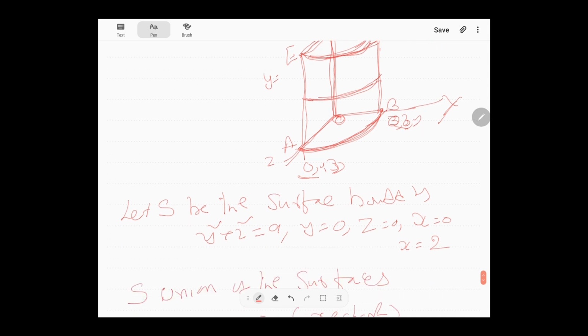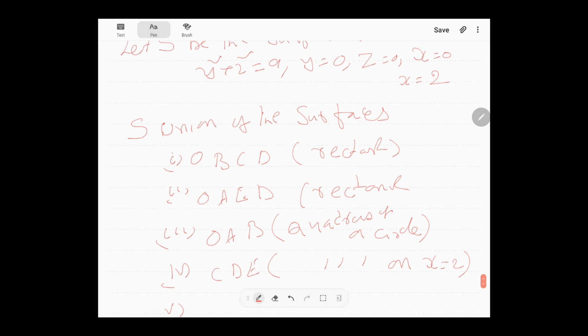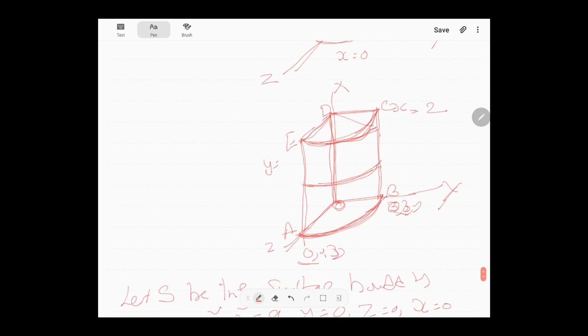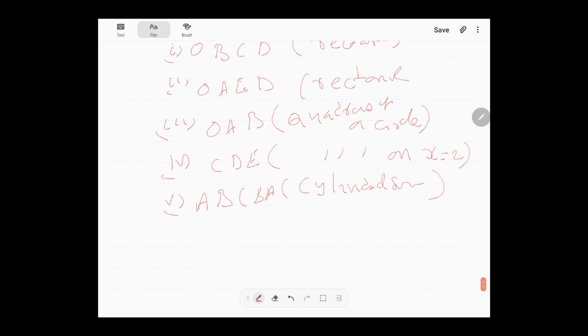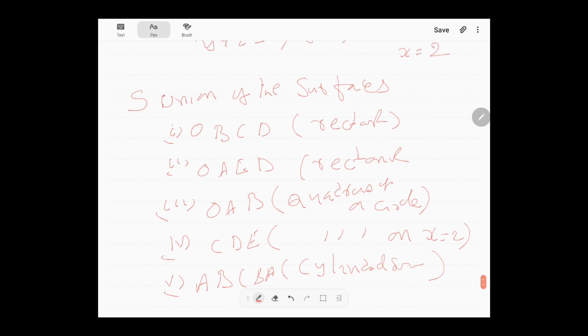And also this surface, the fifth one, is ABCE. This is the cylindrical surface. So totally I have 5. I am calling these S1, S2, S3, S4, S5.